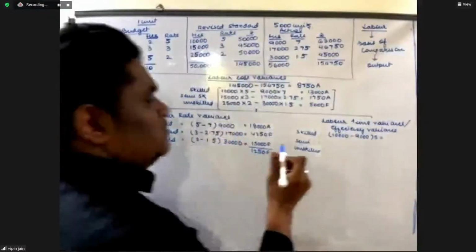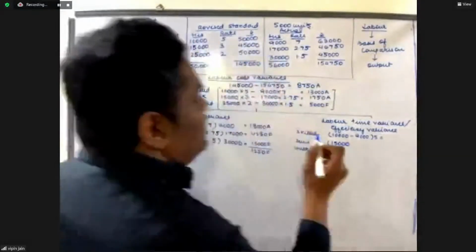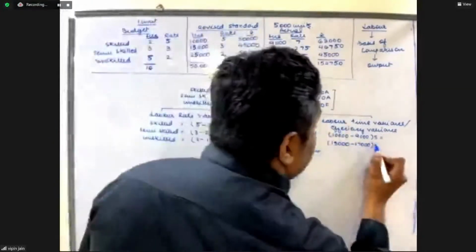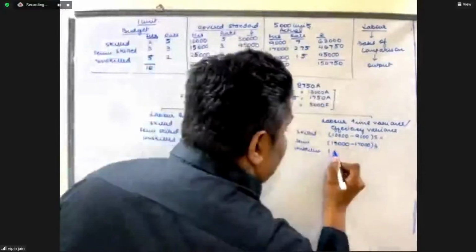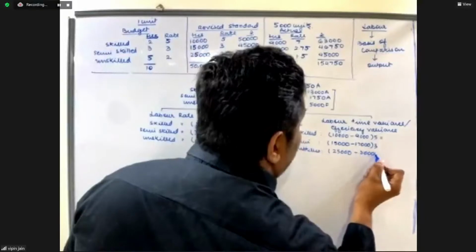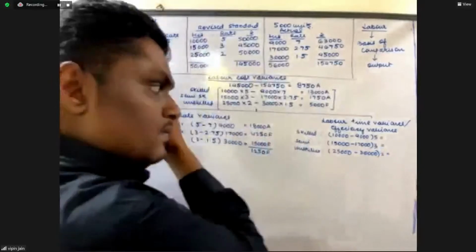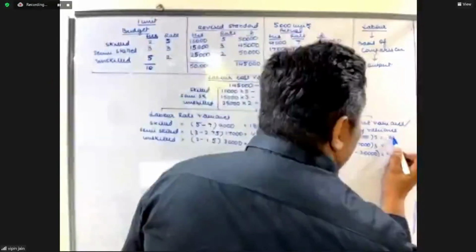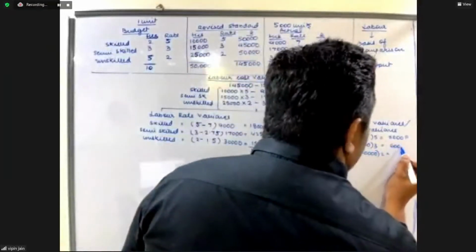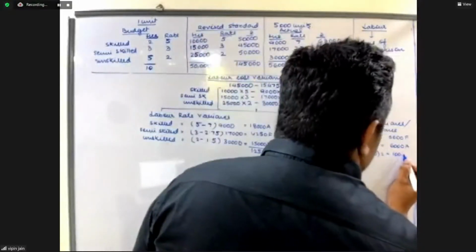So in case of labor also, the work was supposed to be completed in 15,000 hours. We actually took 17,000 hours into the rate per hour, that is 3. In the third case, again, 25,000 hours minus 30,000 hours. So this will be 5,000 favorable. This will be 6,000 adverse. This will be 10,000 adverse.